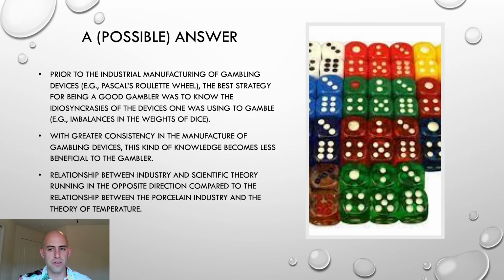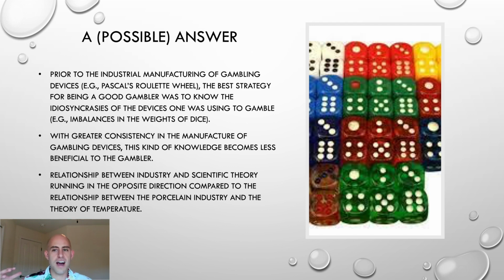Simon has actually inspired me to think more about a particular answer, which may or may not be true, but it's worth positing here, which is that prior to the industrial manufacturing of gambling devices, and indeed Pascal, one of the people working on probability theory, was also one of the first people to actually build a roulette wheel. He was trying to create a perpetual motion machine, and in the process discovered what he took to be this really fun gambling device.